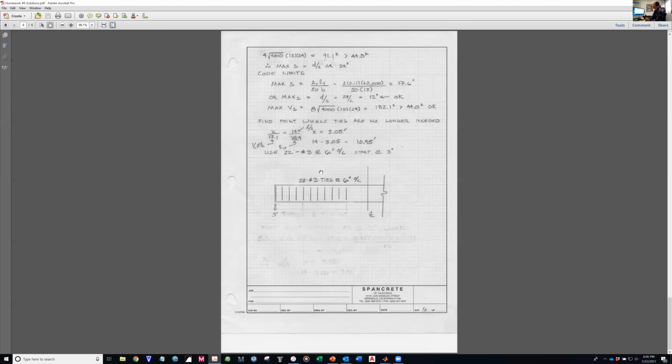Yes, d over 2 or 24 inches. But if your V_s was greater than 4 square root, then it becomes d over 4 or 12 inches. It gets tighter if you have a more highly stressed beam. Oh, so there are two options for now. Okay.